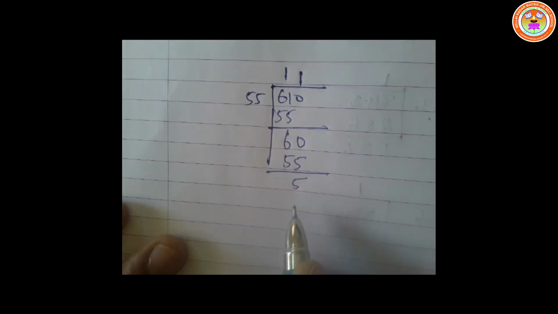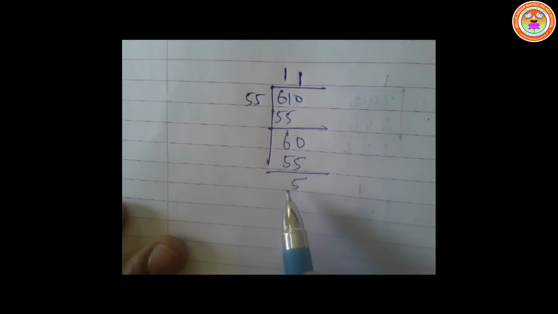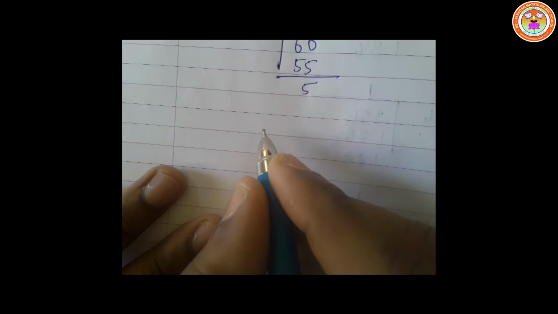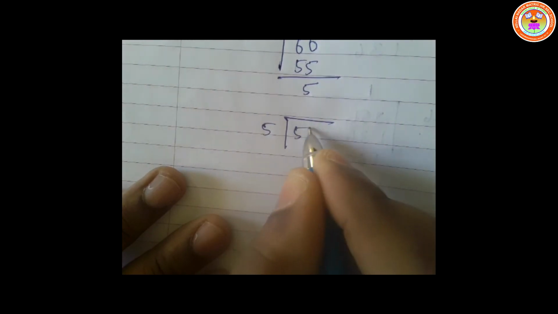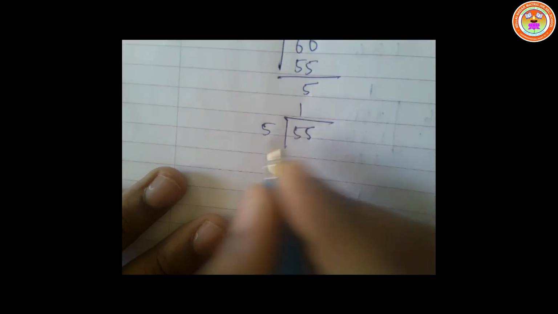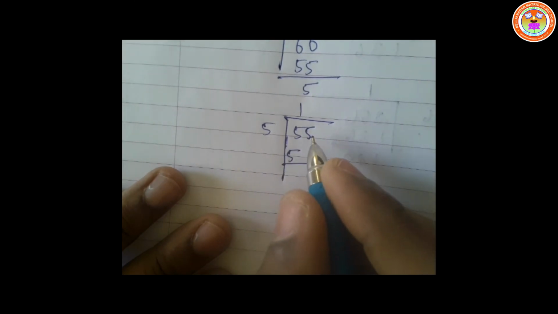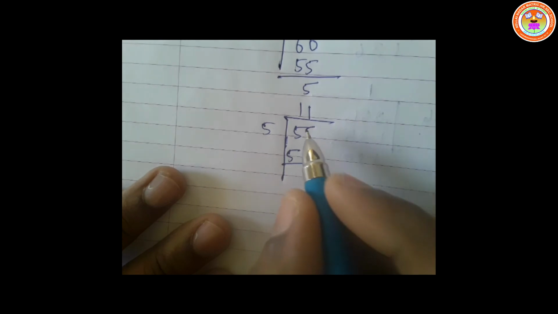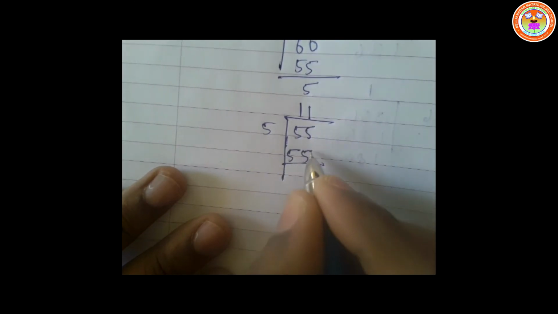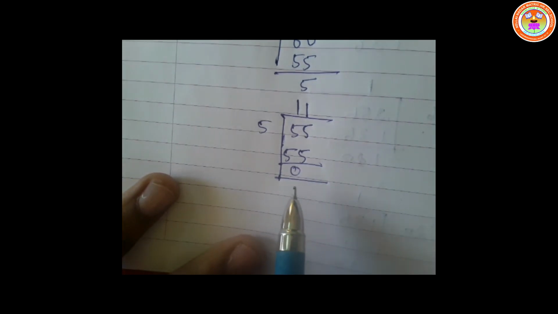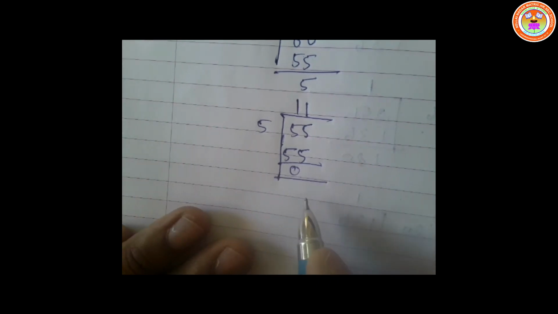The remainder is 5. Still the remainder is not 0. So repeat the division again. Put the remainder 5 outside and the 55 inside. 11 times directly you can put. 11 5s are 55. The remainder is 0. Now we got the remainder 0.